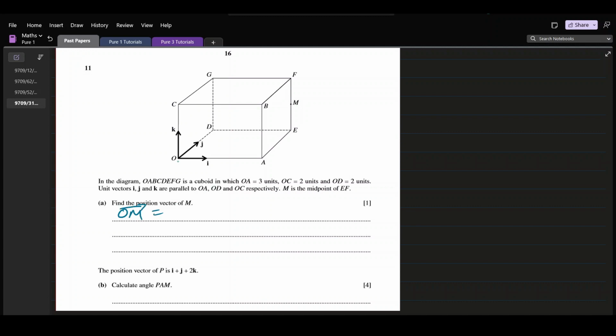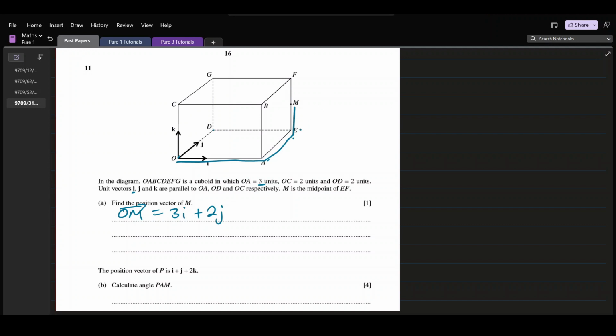We can say that OM is from OA to AE and then EM. So we know that OA, we've been told, is 3 units, and this is parallel to the unit vector i, so that's 3i. And then AE is parallel to OD, and OD is 2 units and is parallel to j, so that's plus 2j.